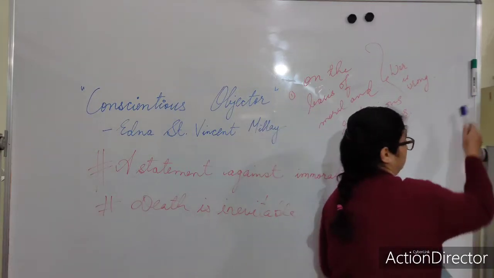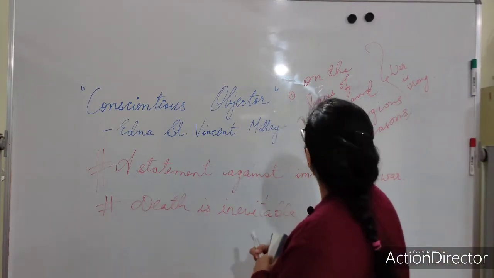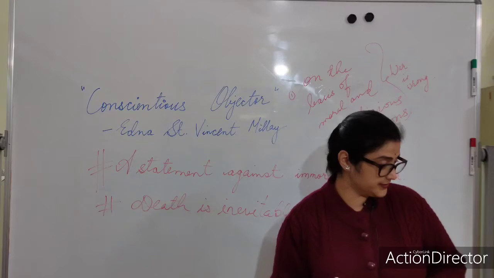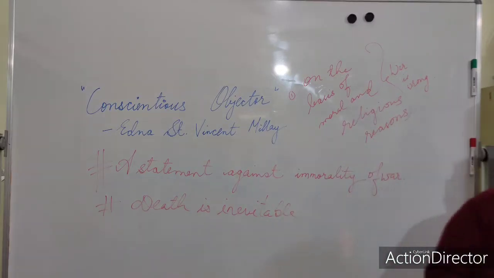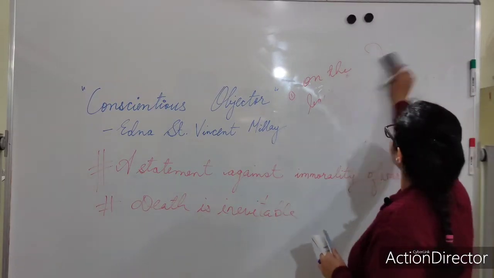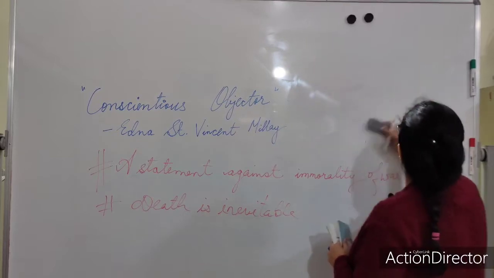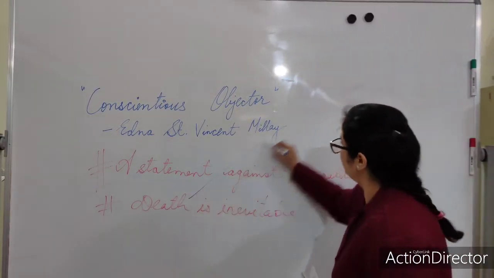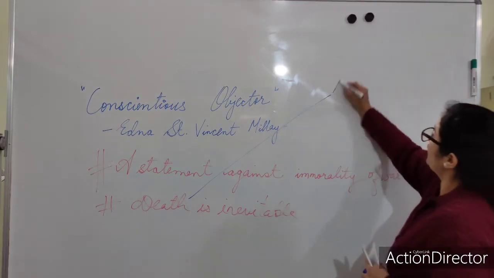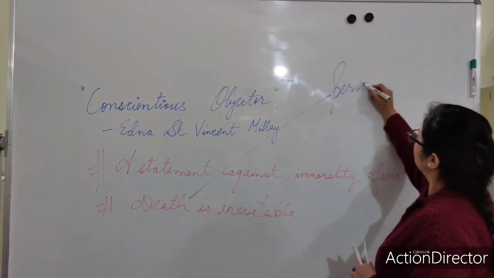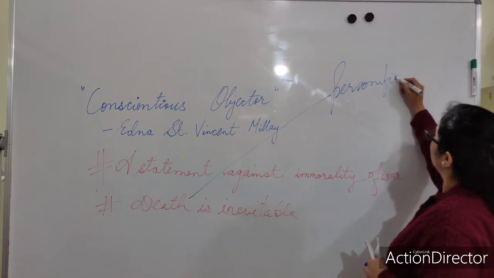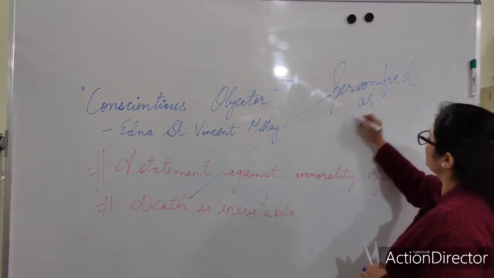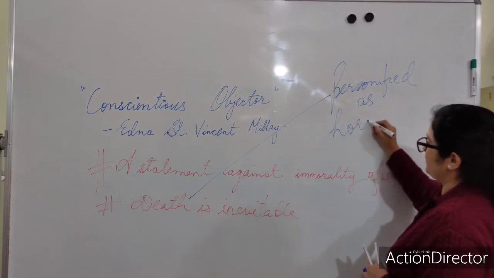So what is the poet doing? The poet is saying, or what the poet has done, death is personified as a horse rider.